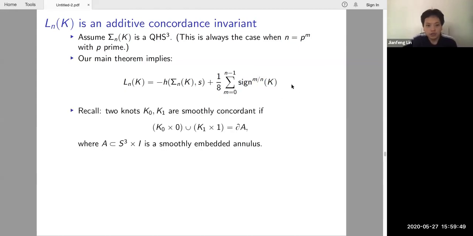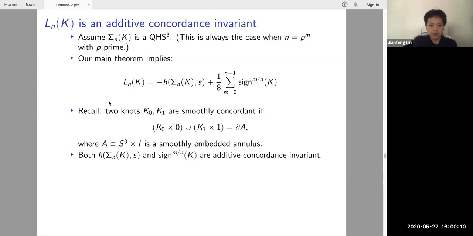Also recall that two knots K0, K1 are smoothly concordant if together they bound a smoothly embedded annulus in S^3 cross I. Studying smooth concordance is one of the most important questions in modern knot theory. Note that both the Lefschetz invariant of the branch cover and the Tristram-Levine signature are concordance invariants. Namely, if two knots are smoothly concordant to each other, they have the same Lefschetz invariant and signature.